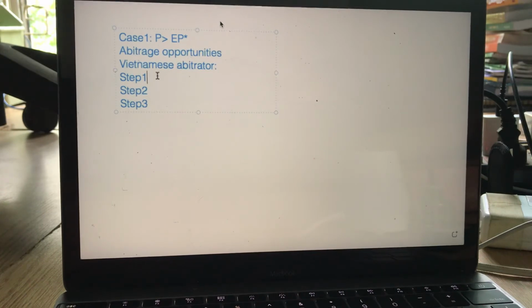Okay. Here P is the price of the good. So the arbitrage opportunity here is we use the Vietnamese dong, we convert into USD, and we buy the products, or in other words, we import the goods from the foreign country, right?